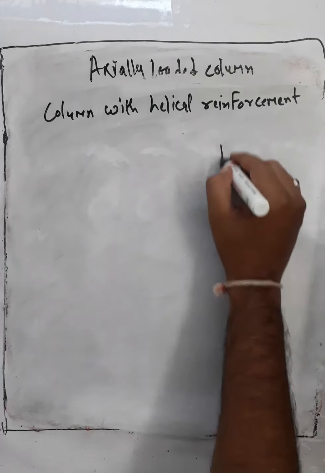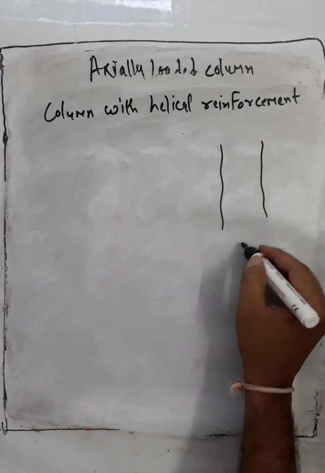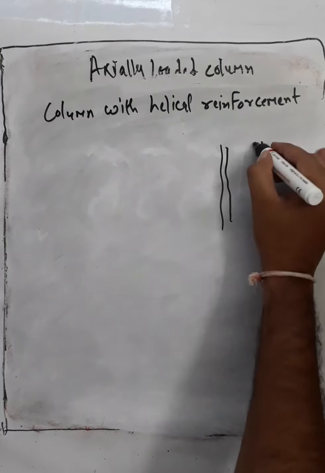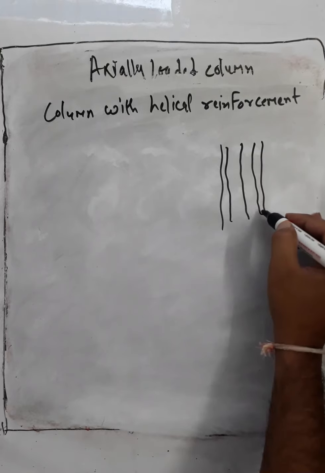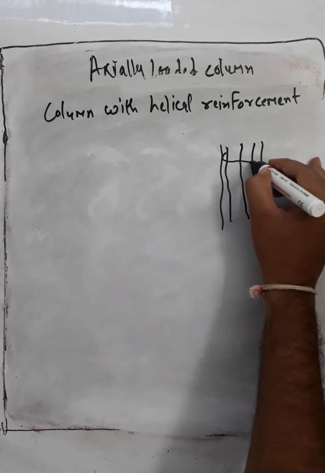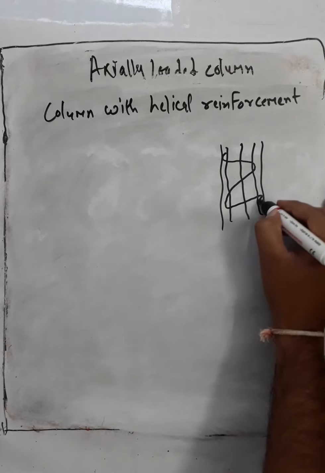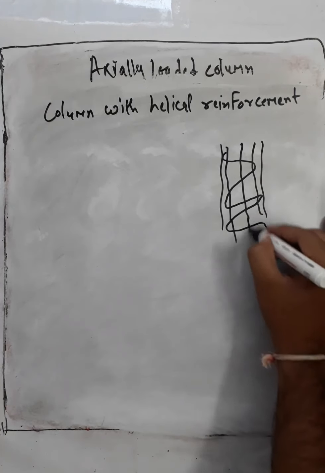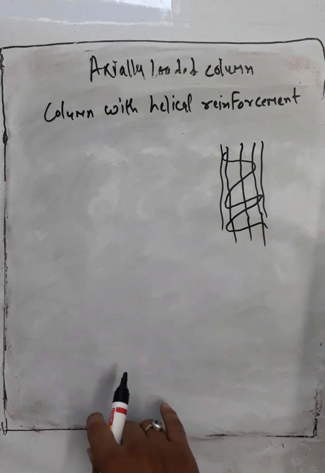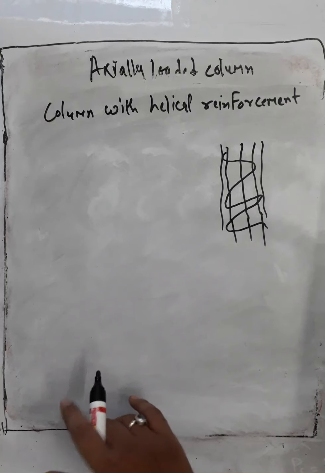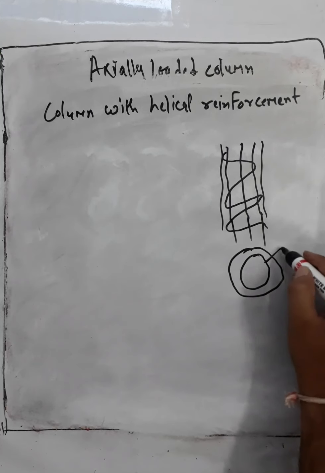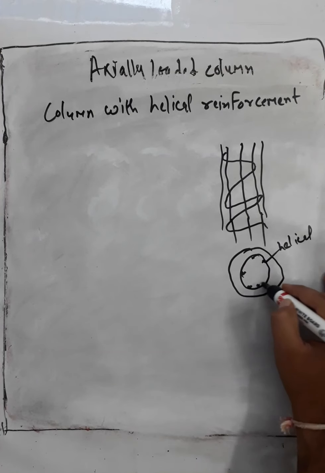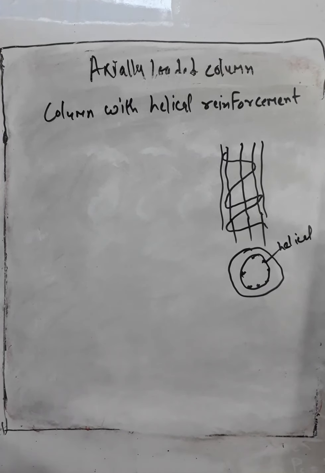If this is the column, in this way we have provided the longitudinal bars, and this one is the helical reinforcement. In this way we have provided the helical reinforcement.